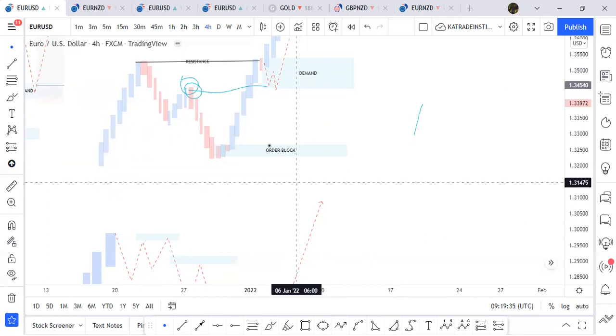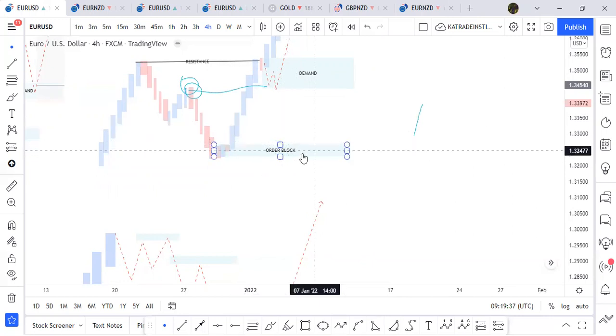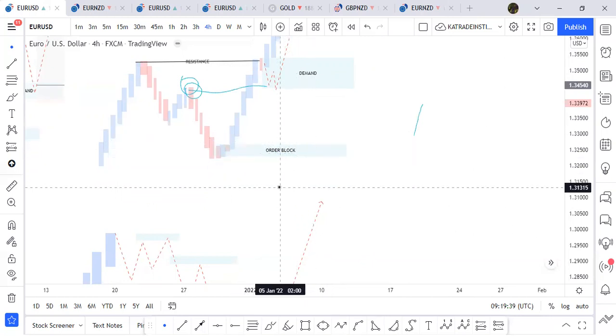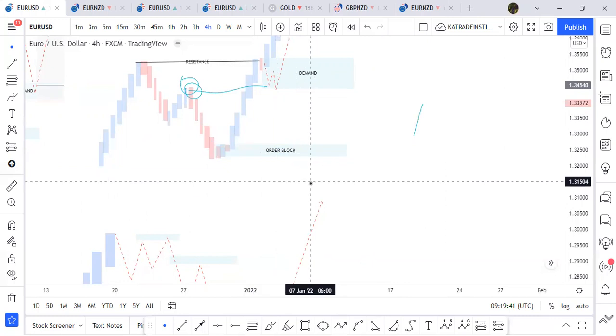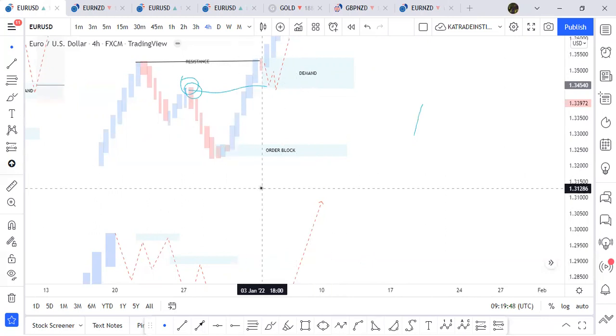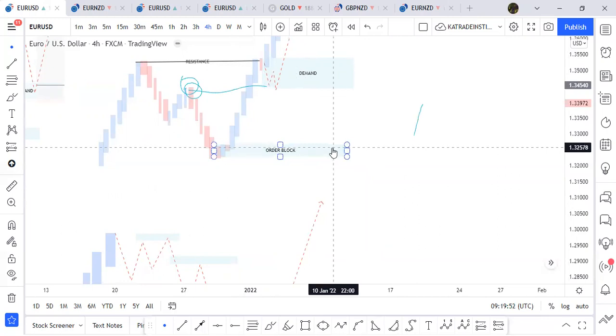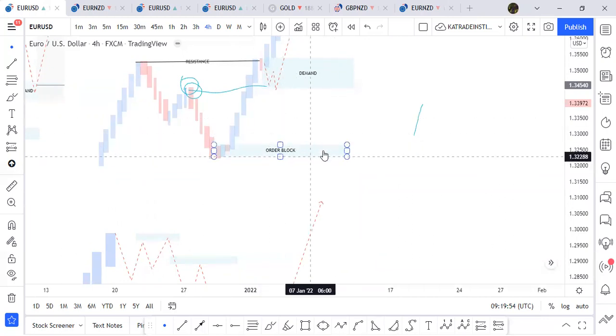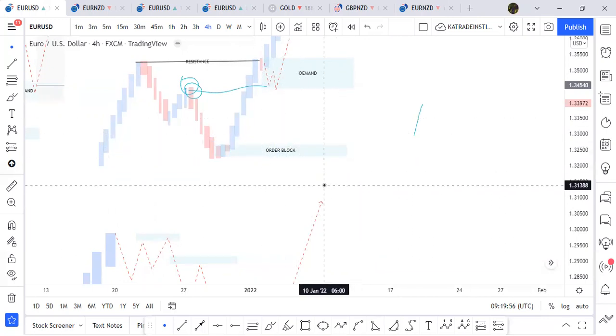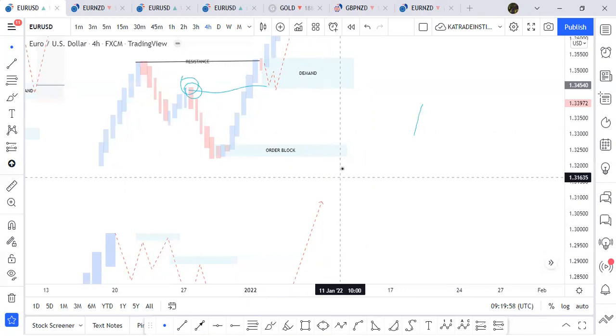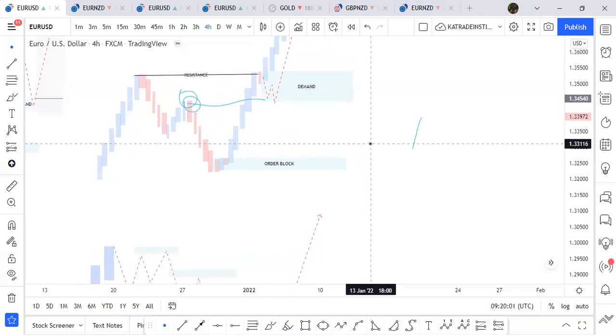So when price starts to create a bullish pattern around this order block here, we can go in for a buying opportunity. But when it fails and breaks out, then we wait for price to come back to the same area, give us a certain pattern or structure, then we look for a shorting opportunity. I hope your question is answered.